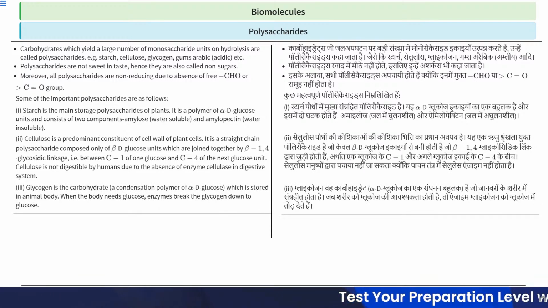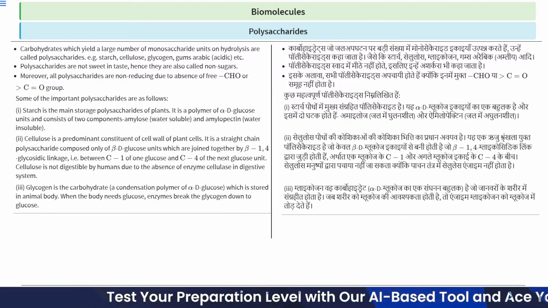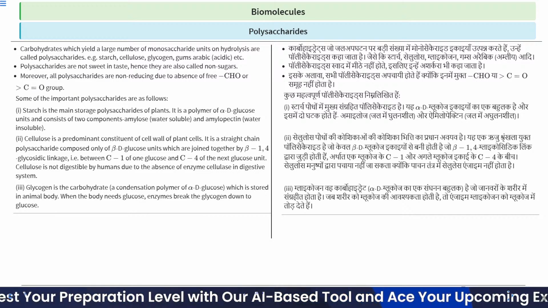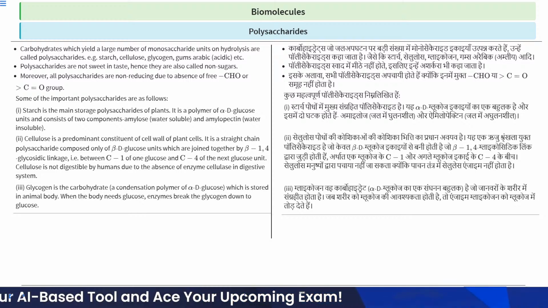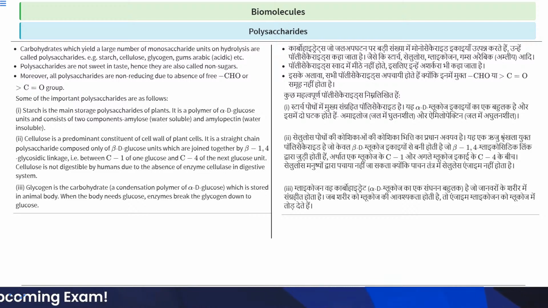The third important polysaccharide is glycogen, which is the carbohydrate stored in the animal body, and it is a condensation polymer of alpha D glucose.